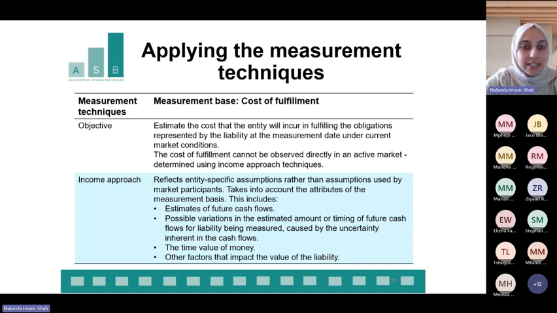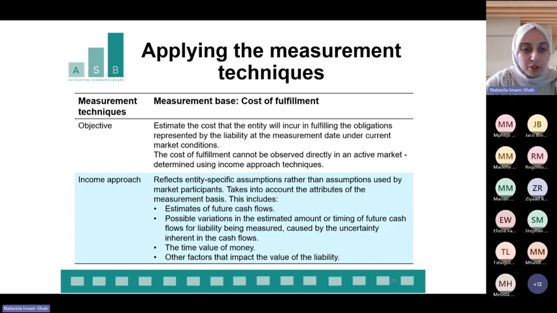Okay, looking next at cost of fulfillment. The objective is to estimate the costs the entity will incur in fulfilling the obligations represented by the liability at the measurement date under current market conditions. The cost of fulfillment cannot be observed directly in an active market. It's determined using the income approach technique.